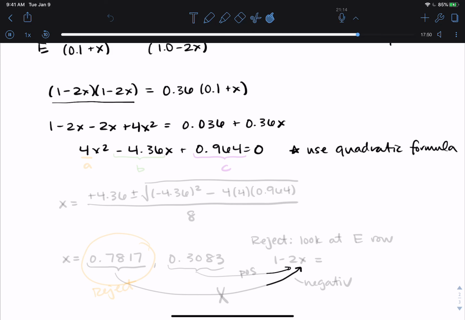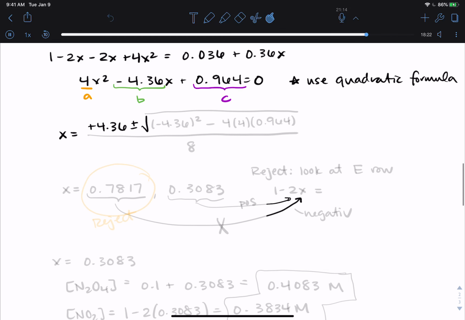So in terms of A, B, and C, 4 is A. This minus 4.36 is B. And the 0.964 is C. So x equals the opposite of B, so plus 4.36, plus or minus the square root of B squared, so negative 4.36 squared, minus 4 times A, which is also 4, times C, which is 0.964.